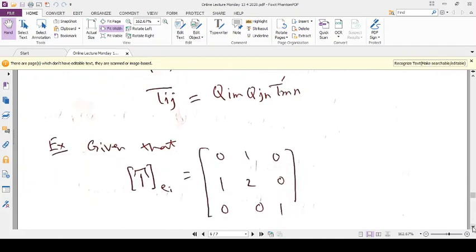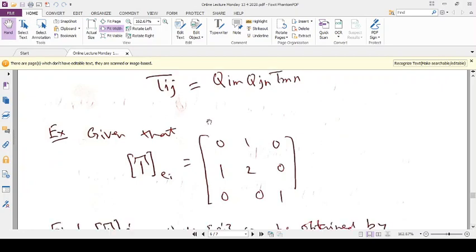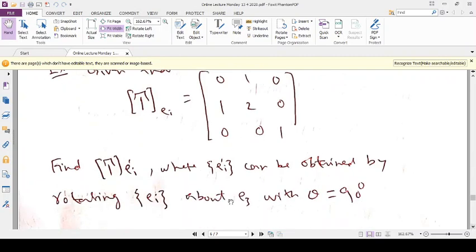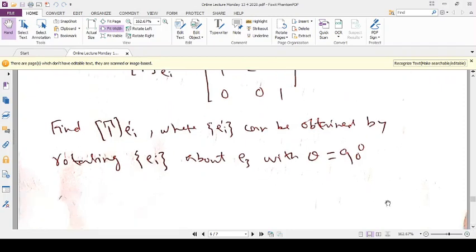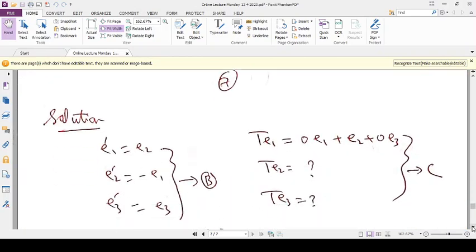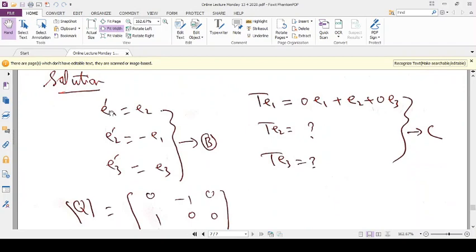Let us consider an example: this is the tensor T with respect to basis ei, and you have to find components of the same tensor T with respect to basis ei dash, and ei dash can be obtained by rotating ei about e3 with angle theta 90. So you can write e1 dash equals e2, e2 dash equals minus e1, and e3 dash equals e3.